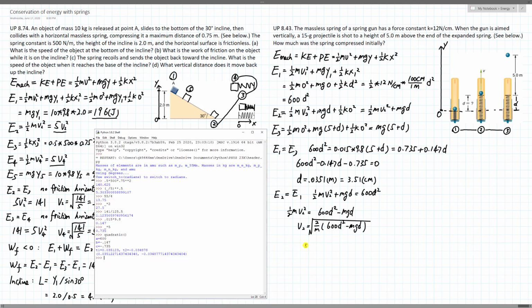Okay, let's use our calculator. Now 2 over m, so 2 over 0.015 times 600, and the d was 0.0351 squared, minus mass is 0.015, g is 9.8, then a d of 0.0351.